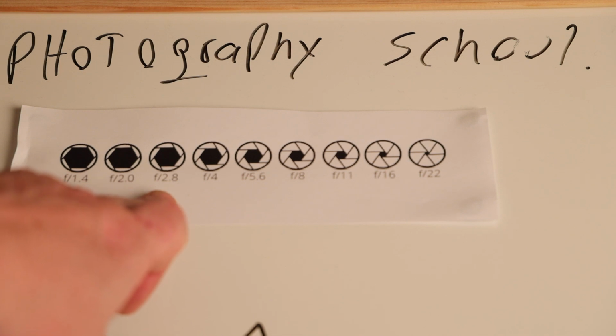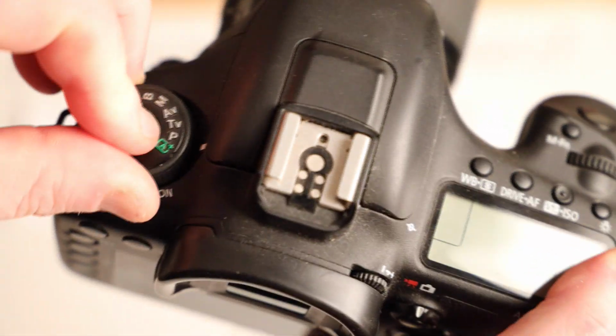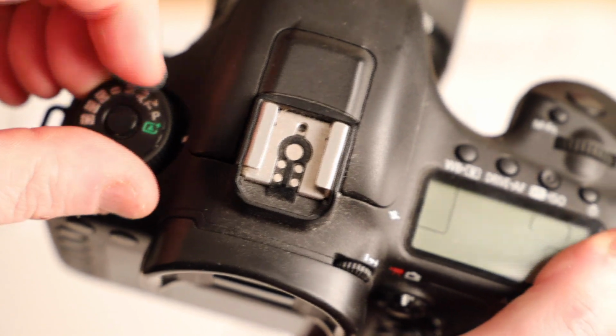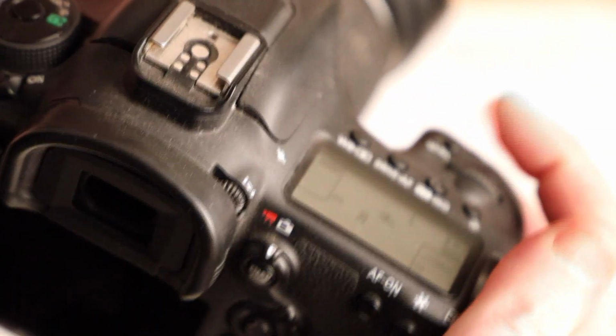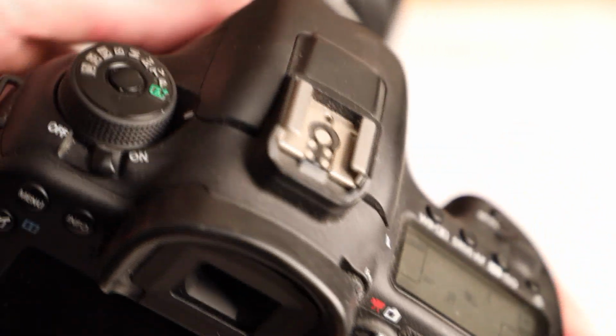So just remember that if you need to, get your aperture lower in order to take a good picture. But if you're just starting out, guys, select the P or P plus mode, and the camera will take care of everything for you, and you won't need to do anything with it.